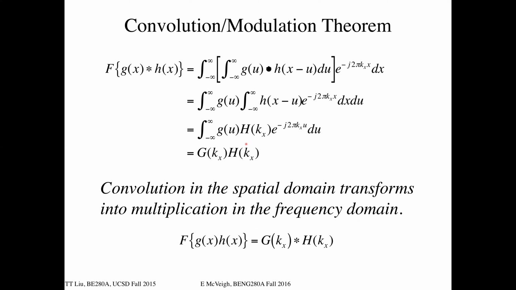So algebraically, as long as you believe you can move this g of u out here, you can do it. But the order of those integrations should not matter. And so that brings us to this result, which is a huge deal. Because when you're thinking about what's going on in real space and in Fourier space, using this convolution theorem is done all the time.